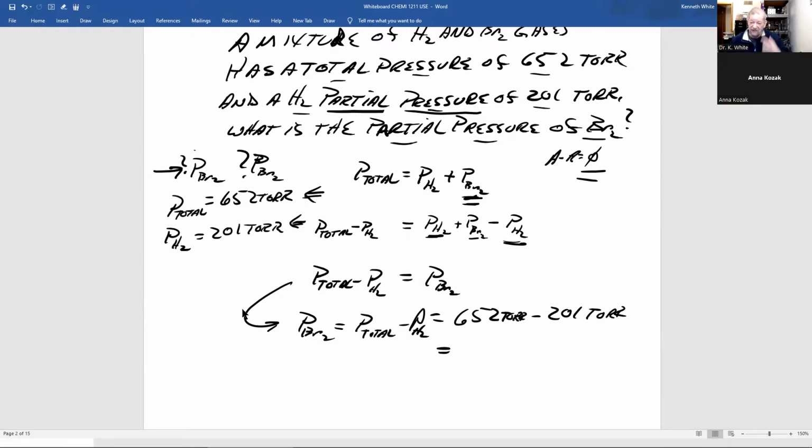I'll use my brain because I know how to subtract, I hope. And this is your answer. Let me check my math again. And that's how you do it. So this is something we've done a couple of times and you should know how to do.